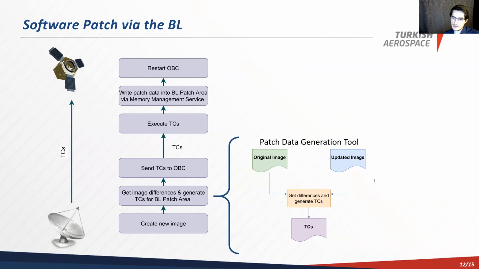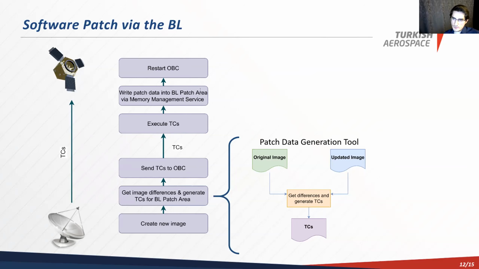This tool will basically compare these 2 images, and it will generate the required telecommands. And we will grab these telecommands and transmit them to our satellite. The satellite will execute these telecommands and copy the data to the bootloader patch area.